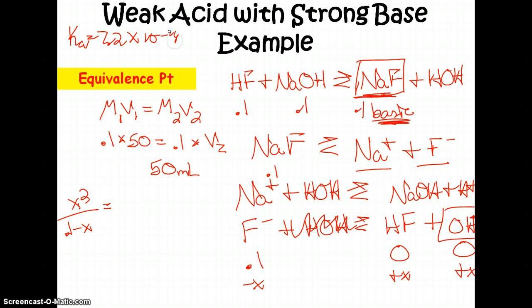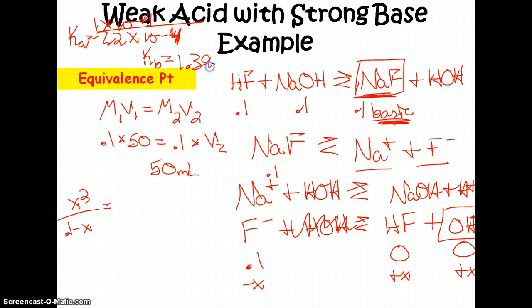So if we do Kw, which is 1 times 10 to the negative 14th, divided by our Ka, that gives us our Kb, and our Kb value is 1.39 times 10 to the negative 11th.